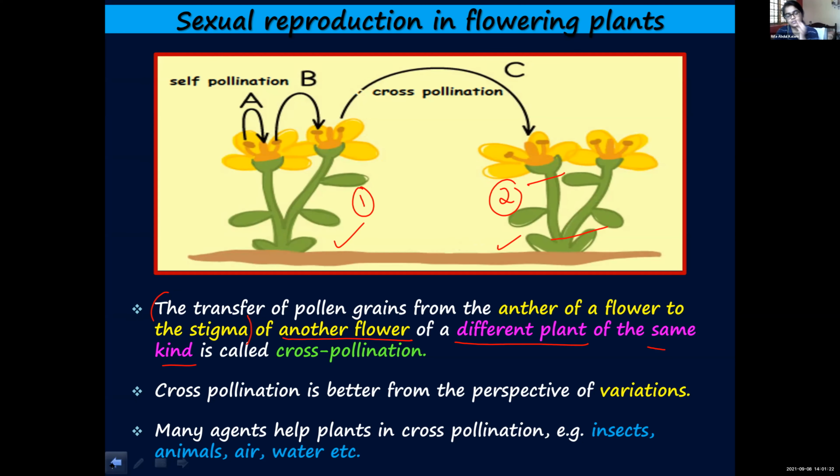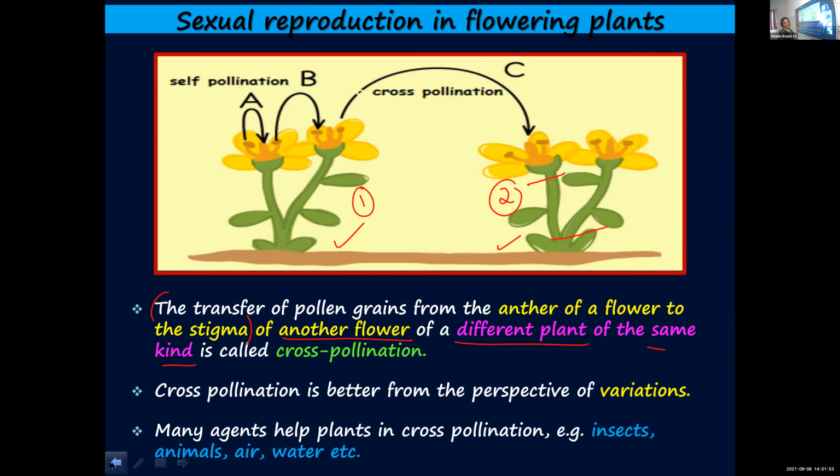Fusion of gametes, male and female gametes, to form a zygote. Fertilization is the fusion of male and female gametes to form a zygote.